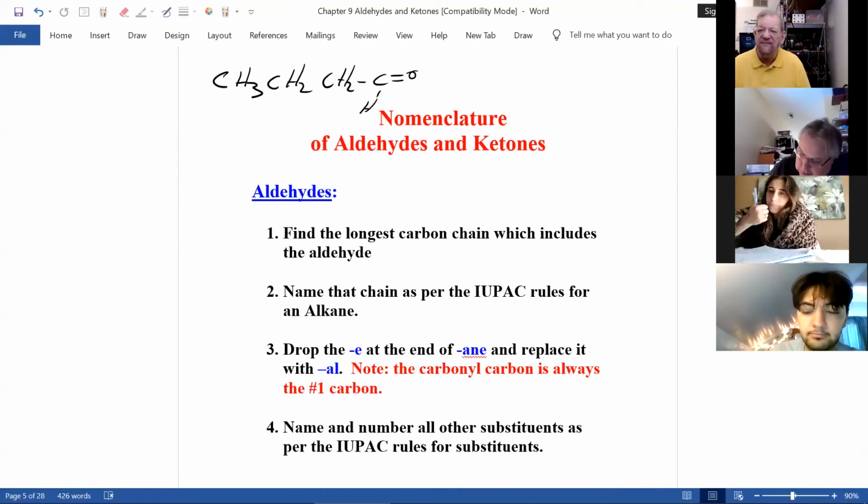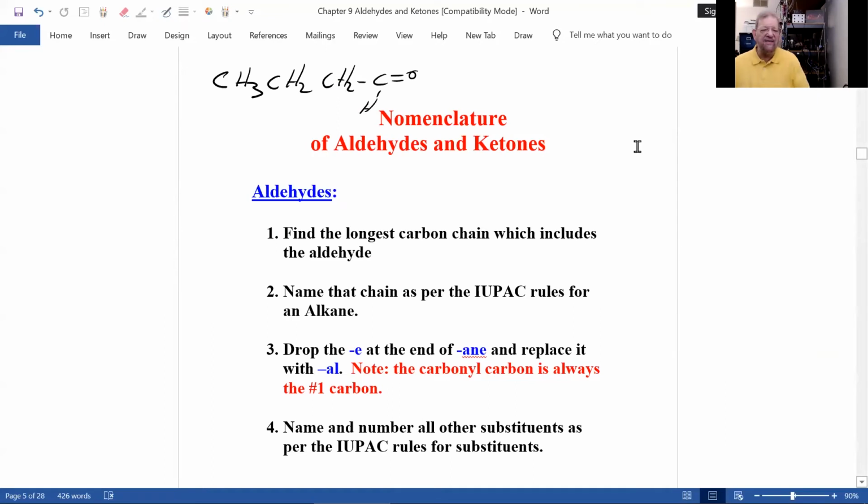Nomenclature, thank you. All right, now if we look up here, what's different? Ooh, oxygen double bond to carbon, otherwise known as a carbonyl group, with carbons and a hydrogen. That's an aldehyde. How do you name aldehydes?